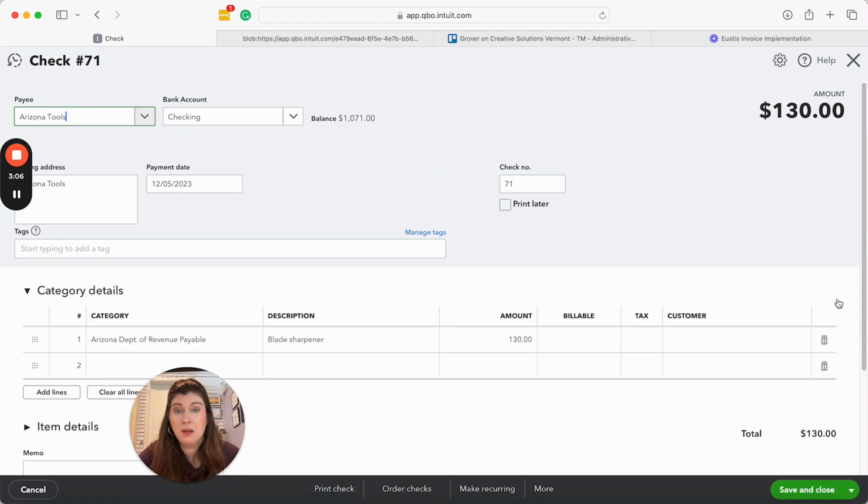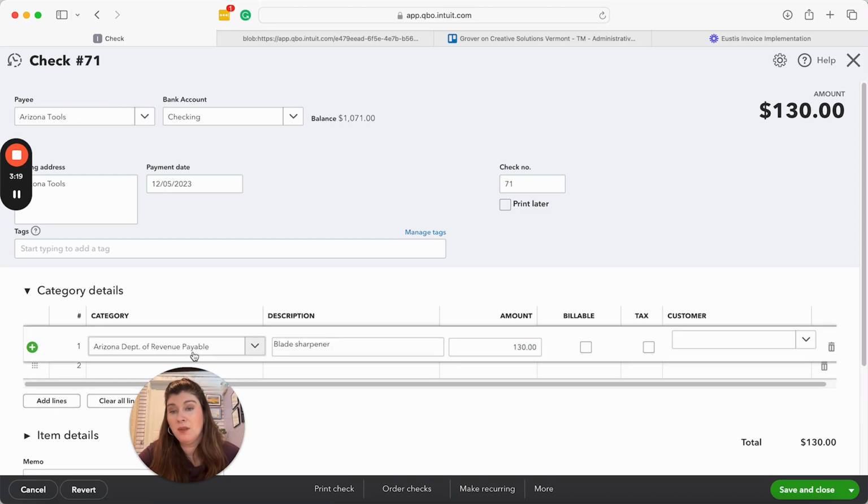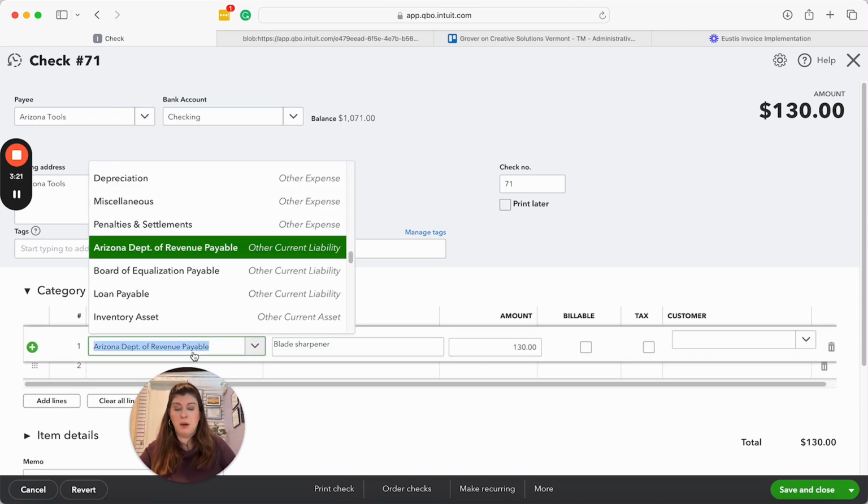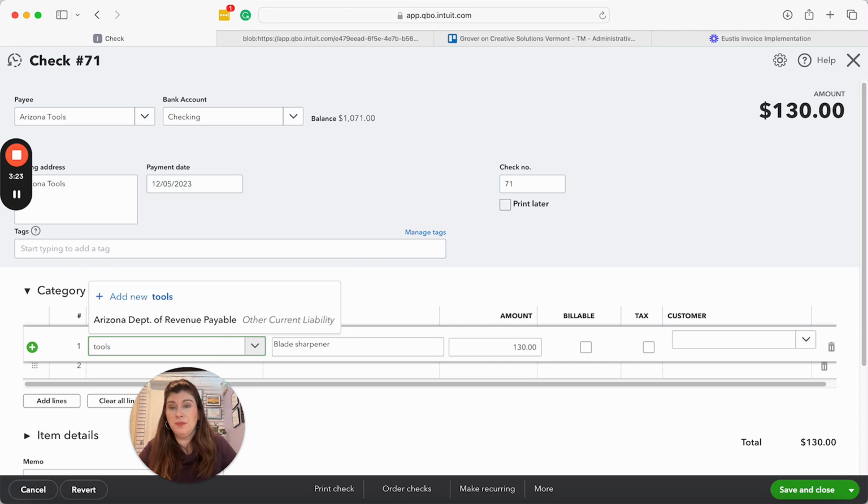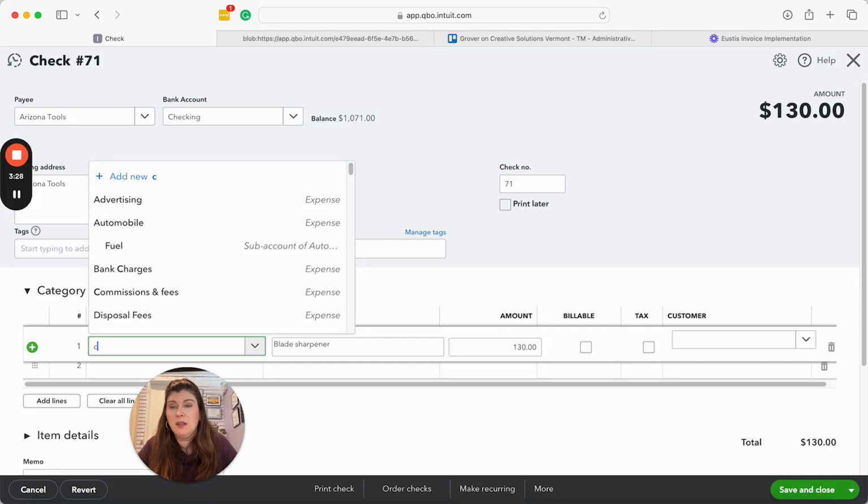Let's look at this a little bit closer. Arizona Tools is the company, blade sharpener $130. Arizona Department of Revenue is incorrect. So before your books are ready to go to the accountant, this would need to be corrected, and this is probably like Tools. This is a sample company, so I don't know what they use.